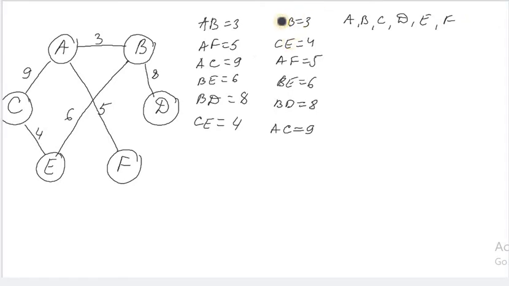So we look at the edge's nodes A and B, and we see that they are separate trees. Actually they are separated with a comma here, so that means they are two separate trees. So here we will have some sort of safe or not safe column, and here we will write that AB is safe. We will say AB is safe because these two nodes are in two separate trees.